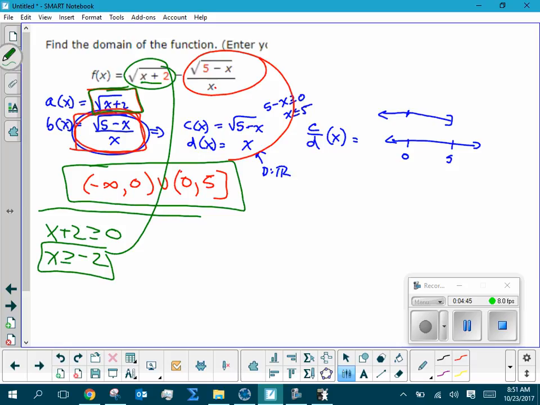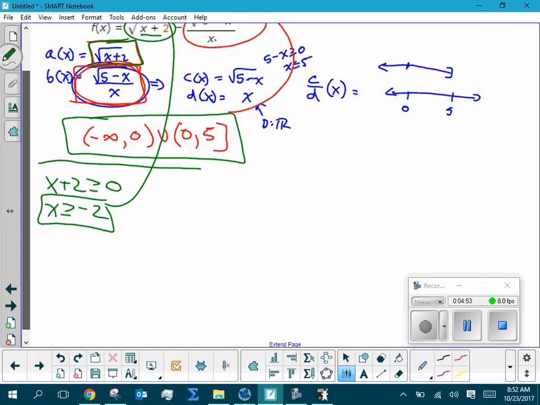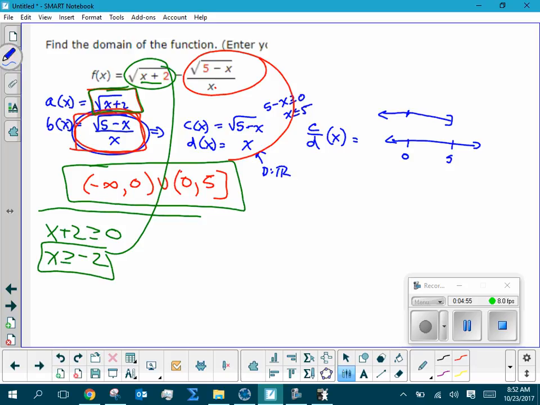So if we combine them through addition, their new domain is the overlap, right? It's where they intersect. So I'm just going to graph these real quick and think about where they intersect. We've got negative infinity to 0. So let's put on some key points: 0, negative 2, and 5.